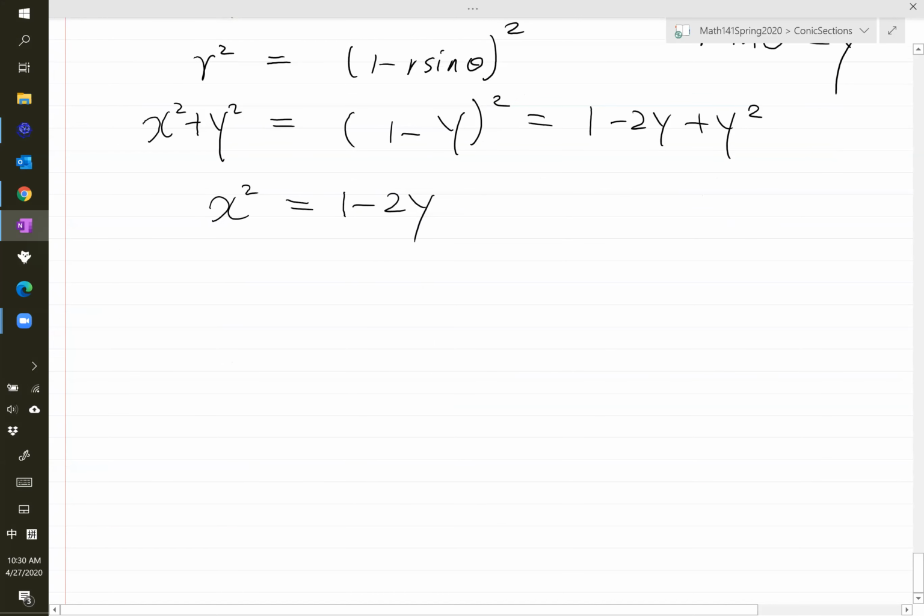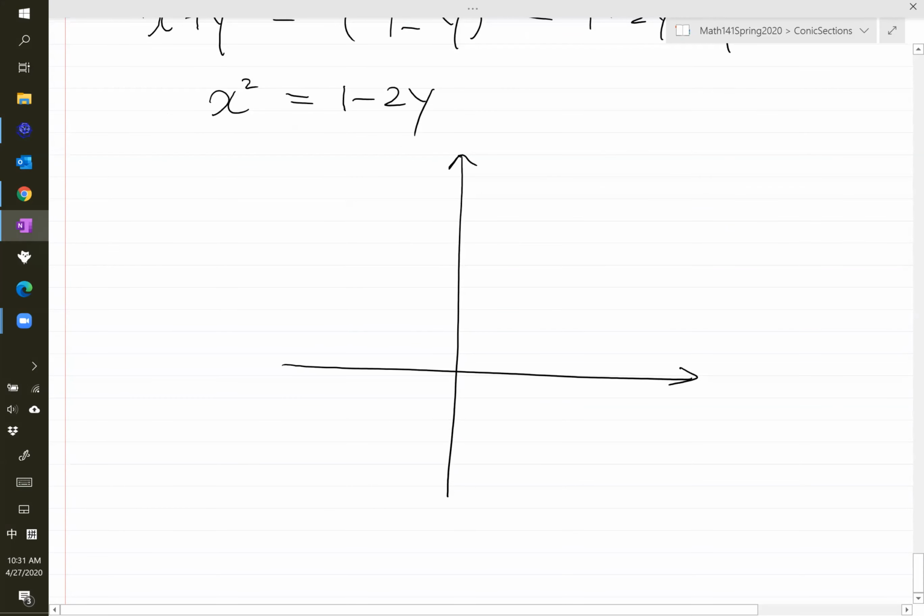If we plot this graph, when y is 0, x is plus or minus 1, and when x is 0, y is 1/2.